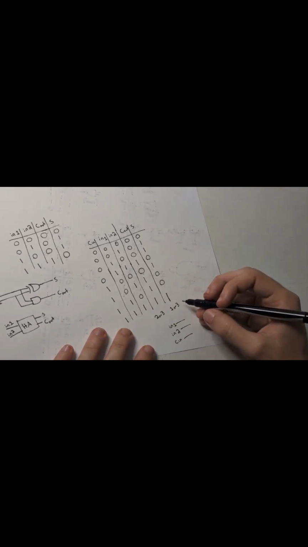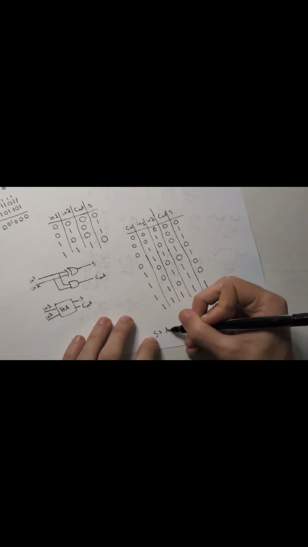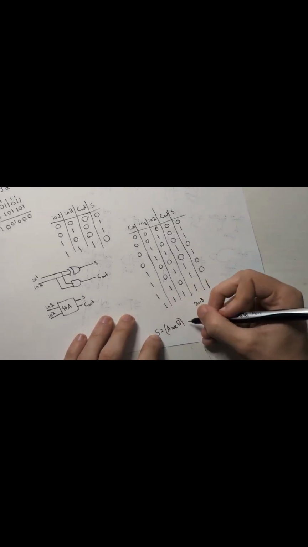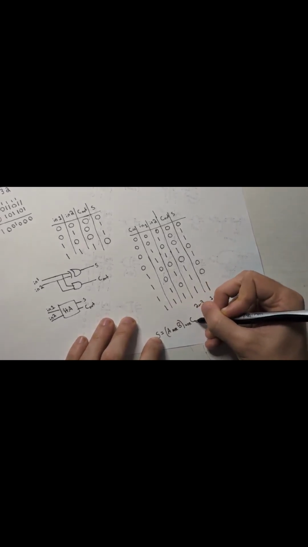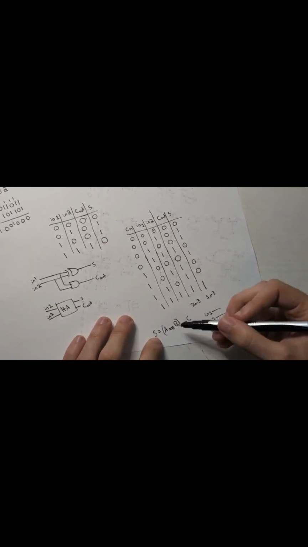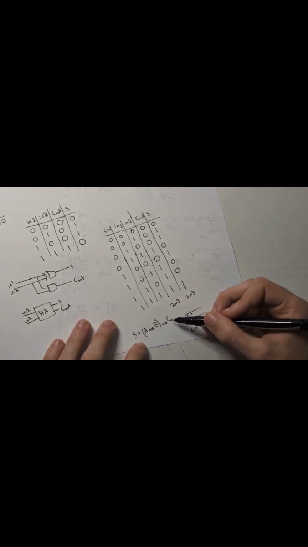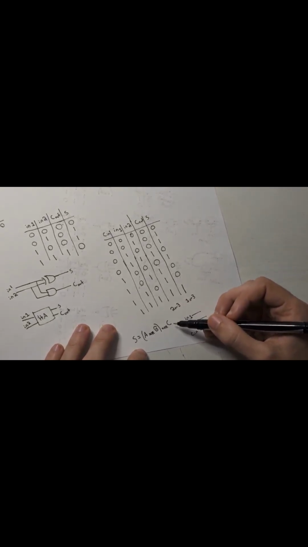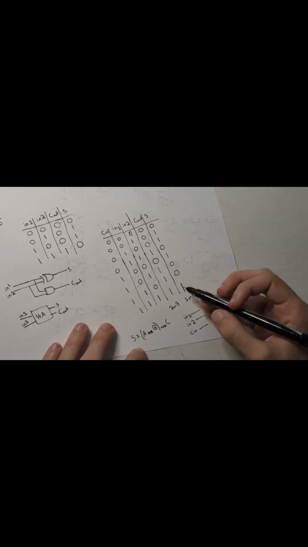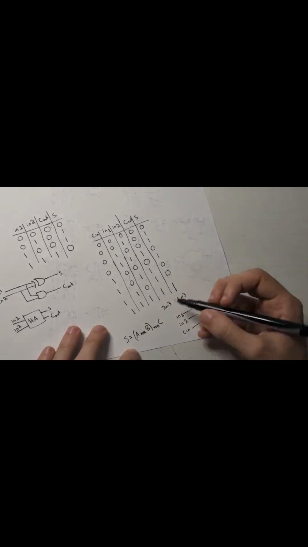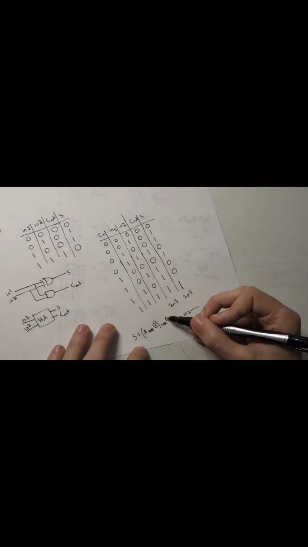Another way of thinking about this is the sum could be A XOR B, and then you can do that XOR C. So if A and B are both true, then C has to be true as well. And if both of these are off, then C has to be true. But if this gate is on, then C has to be off. So it doesn't allow for 2 and it doesn't allow for 0.